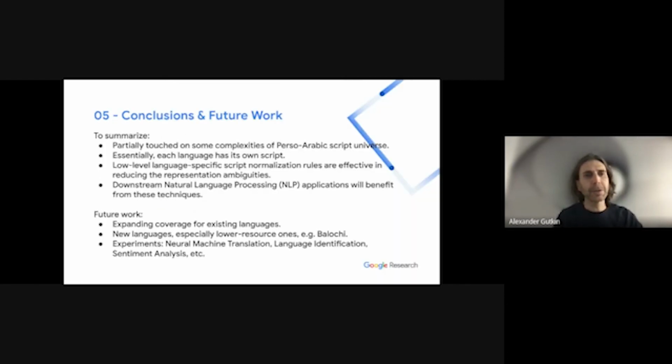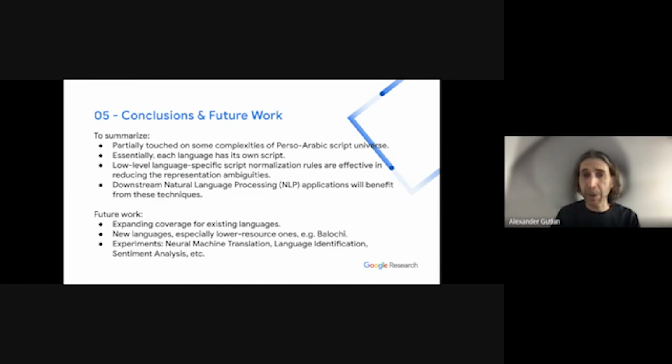And to conclude, we very partially touched on some of the complexities of the script. We did see that essentially each adaptation resulted in each language having its own script. And we also saw that the script normalization operations are quite effective for most of the languages that we tested.